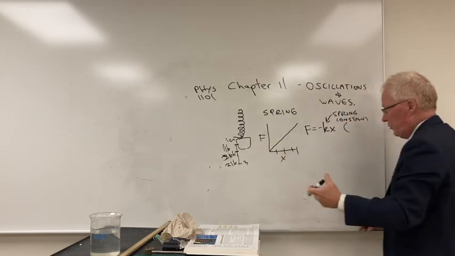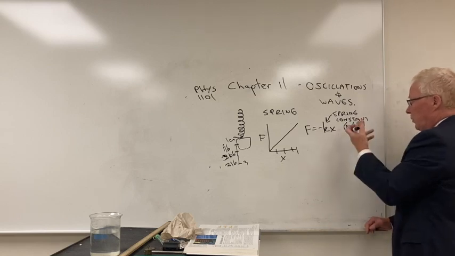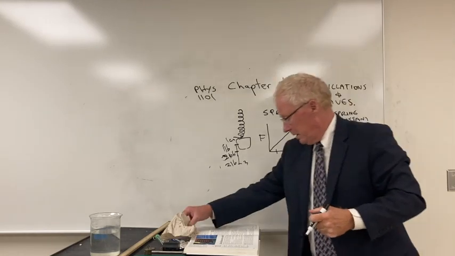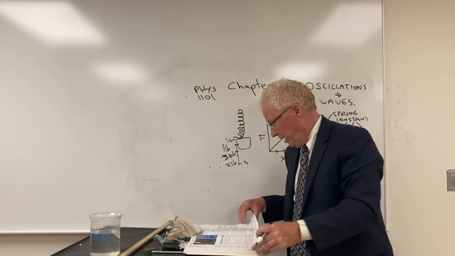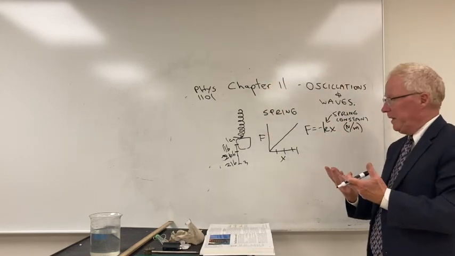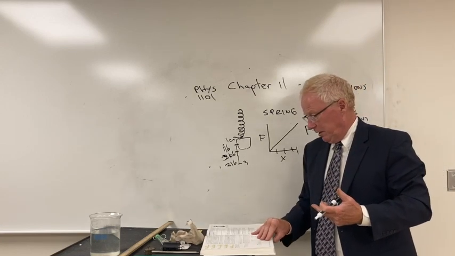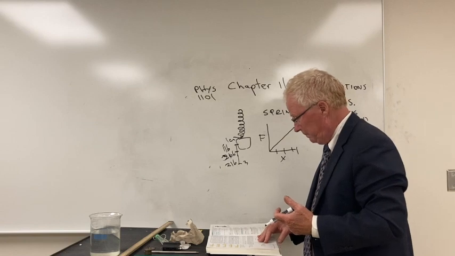For this example, I use pounds, but it's normally in newtons per meter, force per length. So that's the spring constant. The higher the spring constant, the more force it takes to exert at a certain distance. So that's section 11.1 as far as that's concerned.